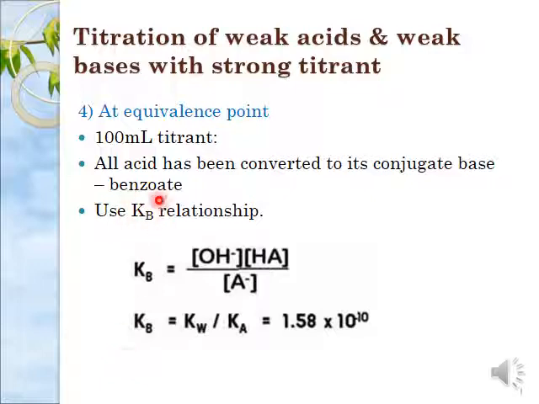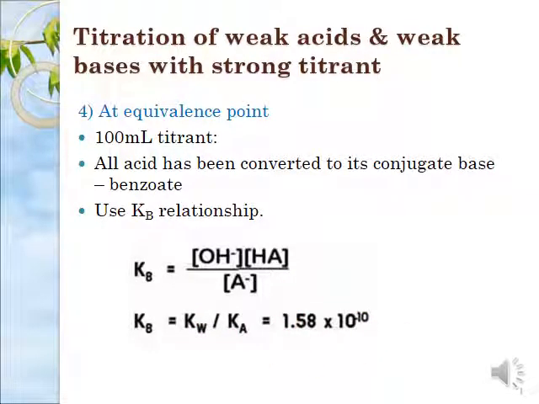To find Kb, in which Ka was given, we use the Kw expression. So Kw is equivalent to Kb times Ka. So to find Kb, Kw divided by Ka. So this would be the Kb value.